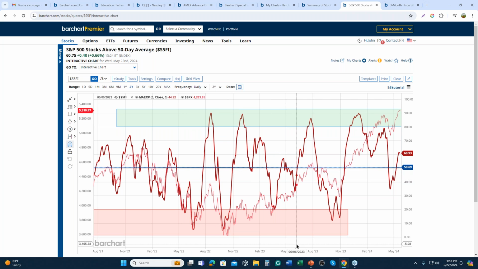And this is really kind of amazing how this does a really good job of picking tops and bottoms. And again, remember this breadth indicator, as with many breadth indicators, lots of times it will peak or trough before actual prices. So you need some type of confirmational information.